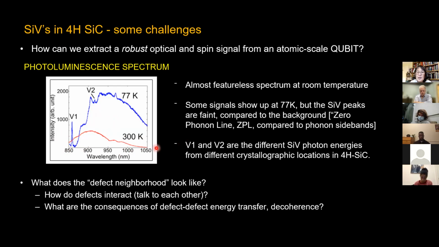Moreover, it doesn't look very promising from the point of view of getting a distinctive photon signature out of this material. And then to compound it, to go back to my original question, I'm creating tons of defects. In the region where I've created the defect I want, whether it's V1 or V2, the silicon vacancies, who knows what other defects I have and how those defects might interact with V1 and V2.